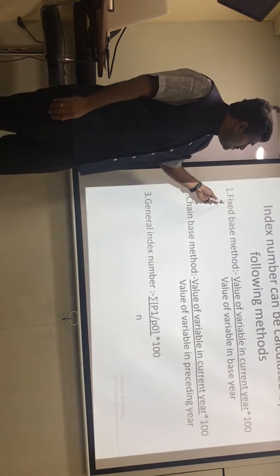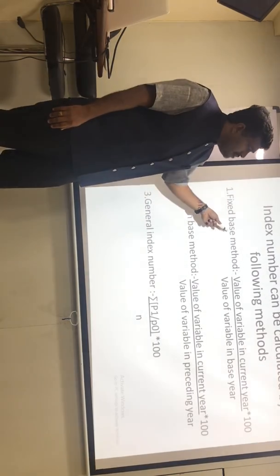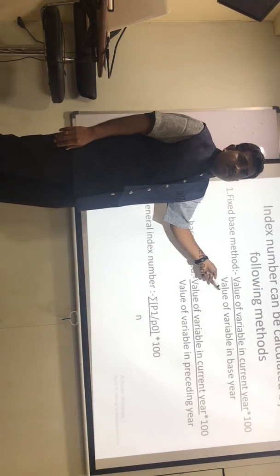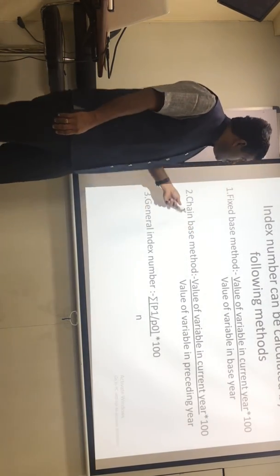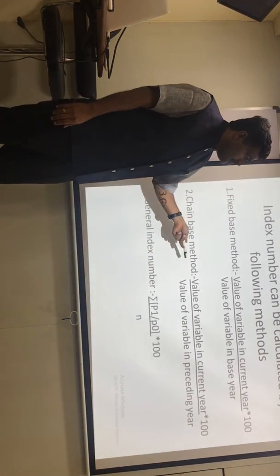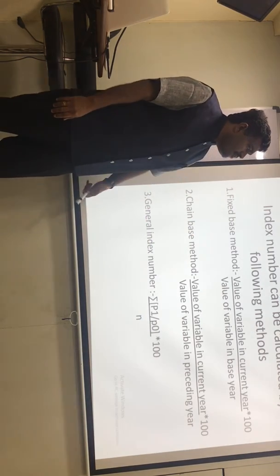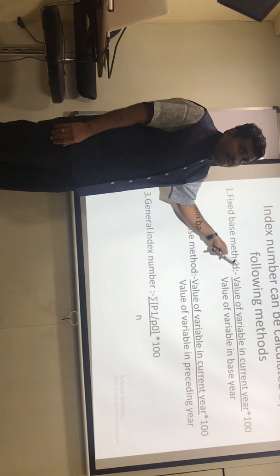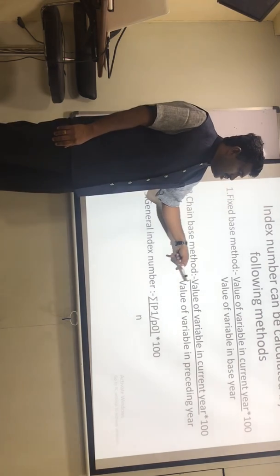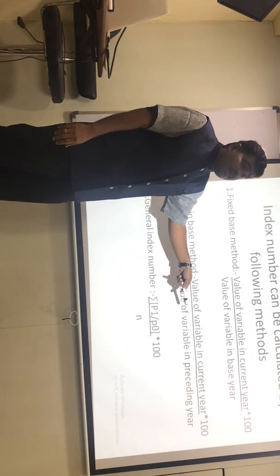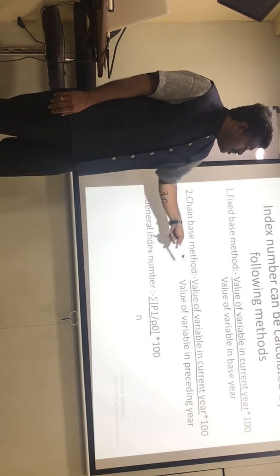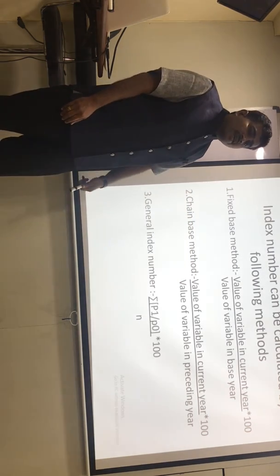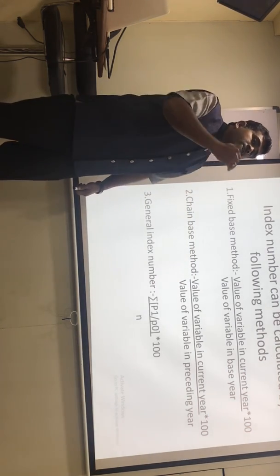And now what is fixed base? Fixed base means the base is fixed. That is known as fixed base. Now the chain base method: you can see the numerator, value of variable in current year, is the same as the numerator of the fixed base. But the denominator changes: value of variable in preceding year. Because in chain base, we just compare with the year preceding it.